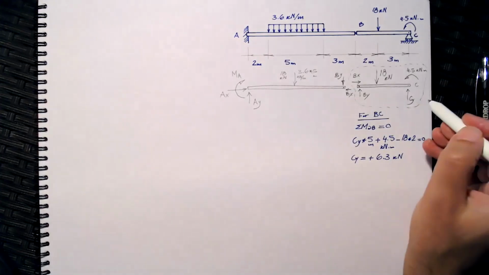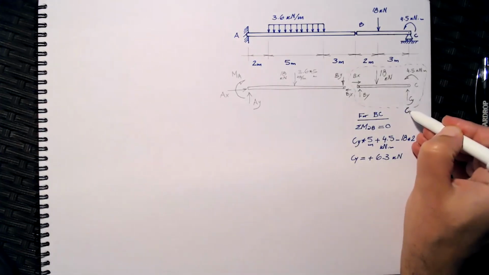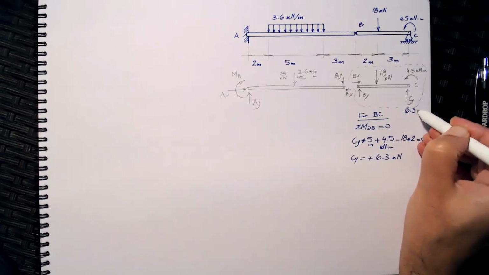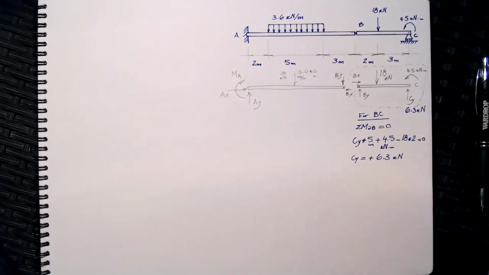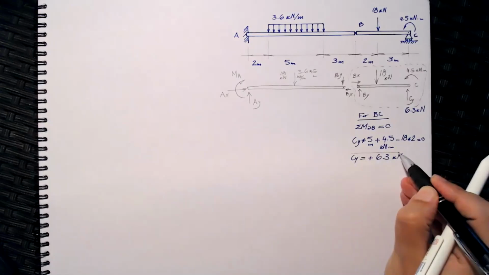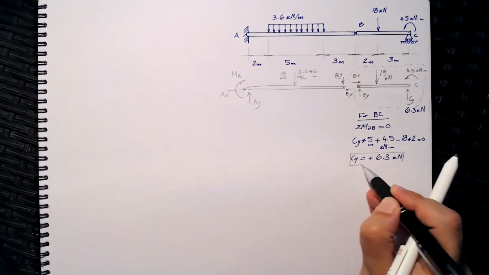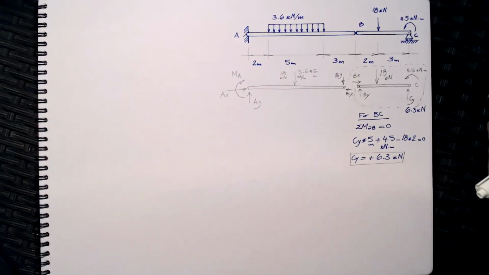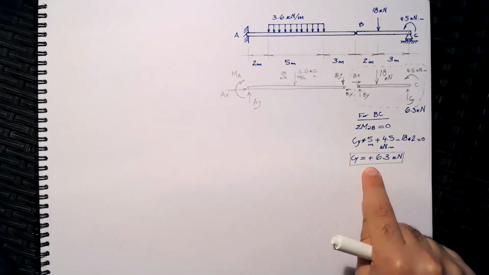So Cy is 6.3 kilonewton. So we figured out the first reaction at C, which is what the question is asking.